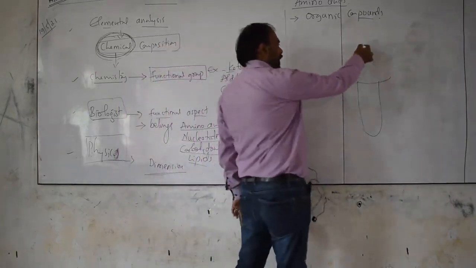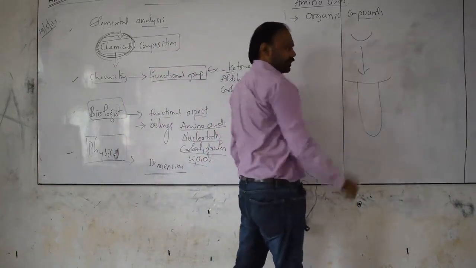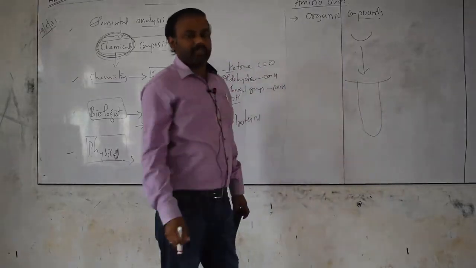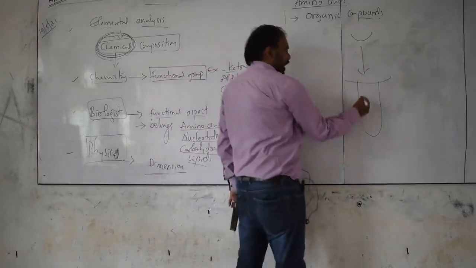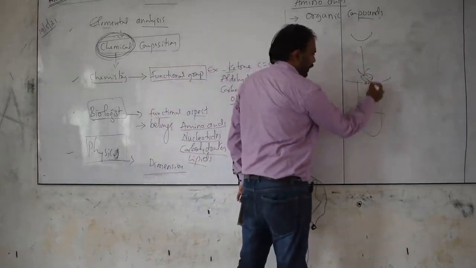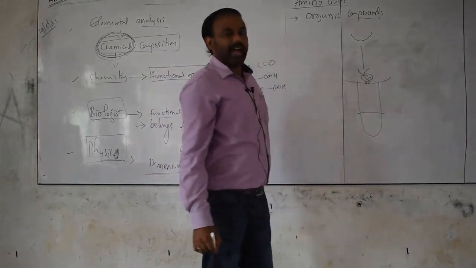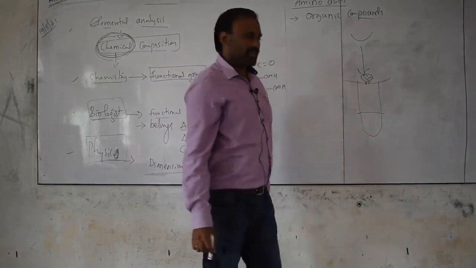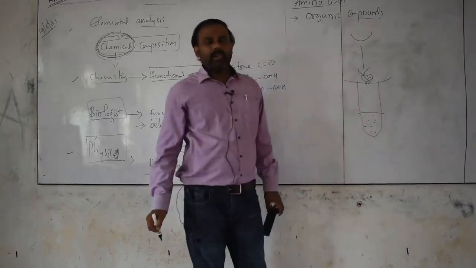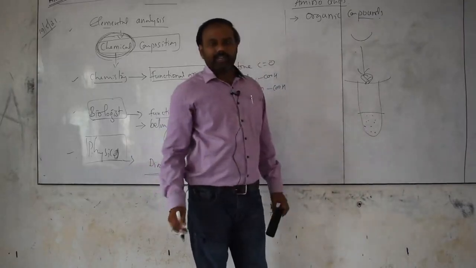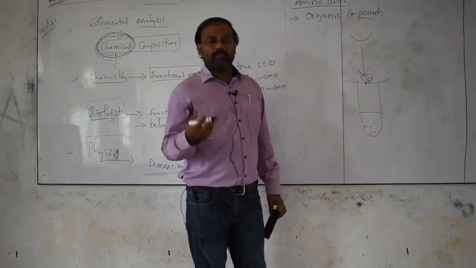When we pour the content from the mortar, which contains the biological sample plus Cl3CCOOH, we will have two fractions. One is the retentate, or acid insoluble fraction, and the second is the filtrate, which we can call the acid soluble fraction.